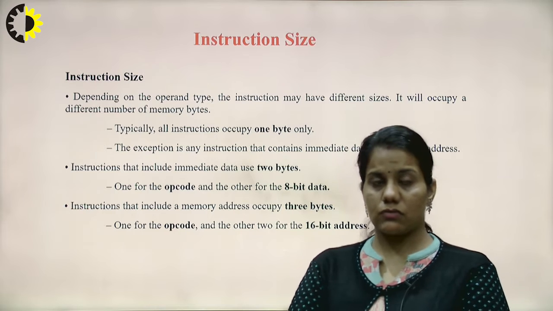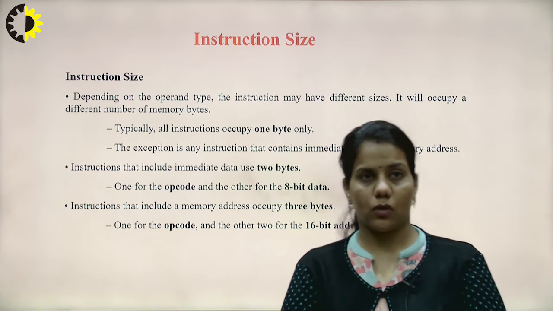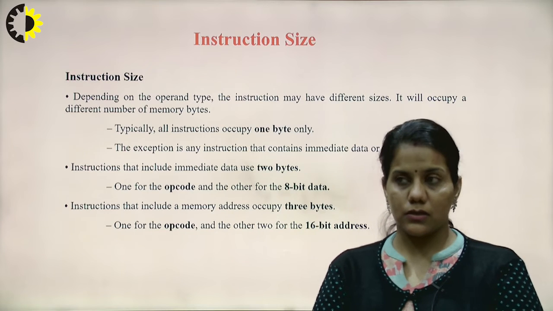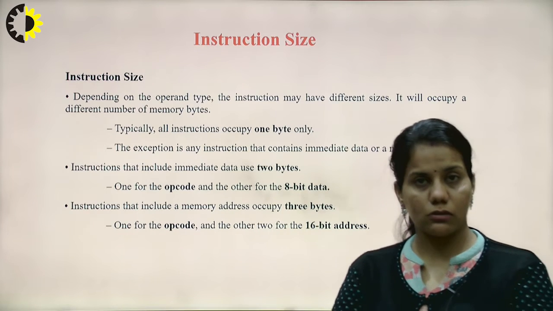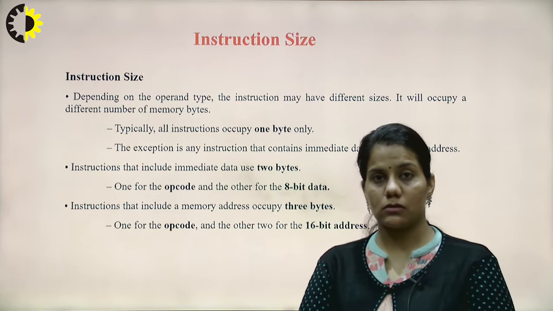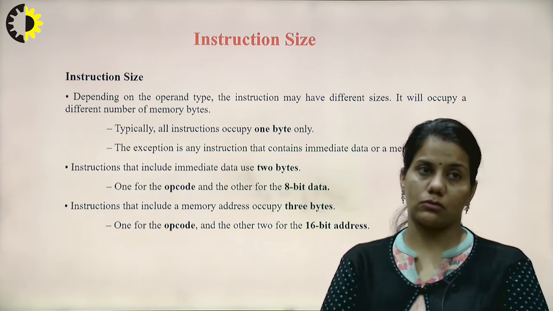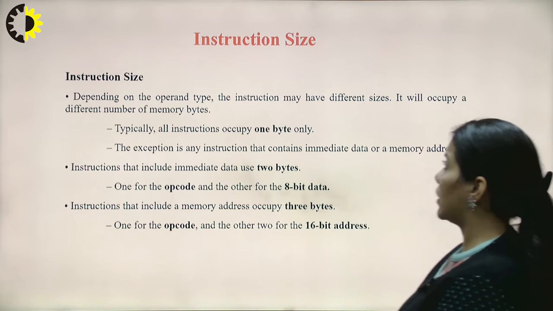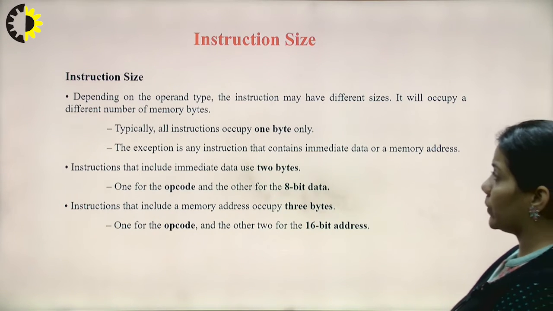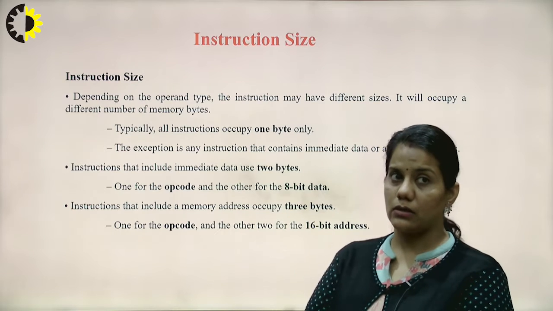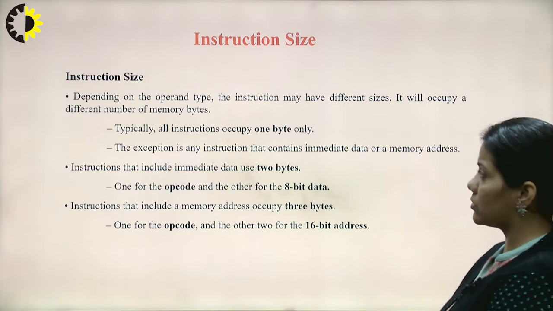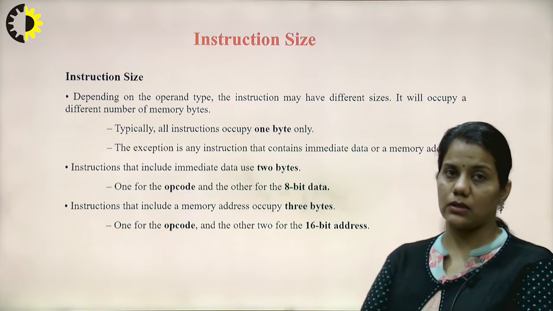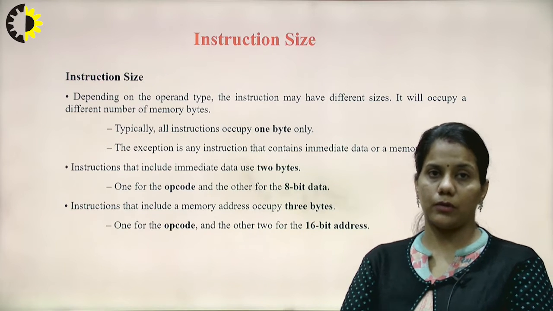So, what is the instruction size? Depending upon the operand type, we have different instruction sizes. An instruction can cover one byte, two bytes, or three bytes, so it will occupy a different number of memory bytes. Typically, all instructions occupy 1 byte only. The exception is any instruction that contains immediate data or a memory address.